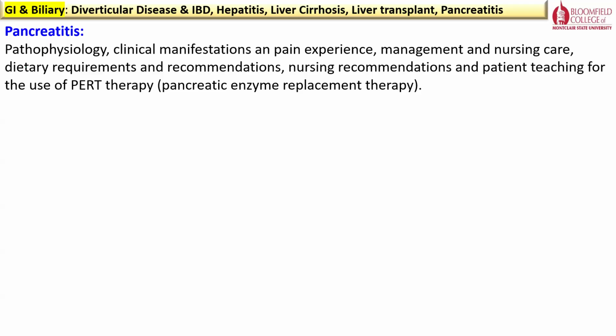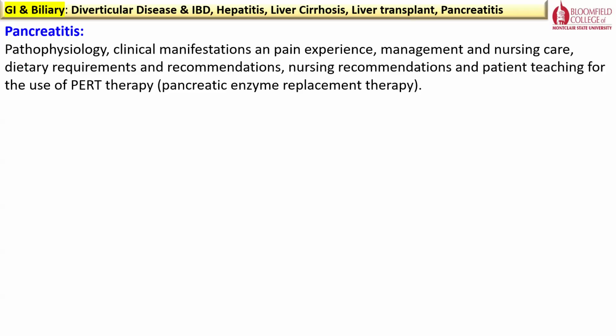So eventually, after 3 or 4 days, the patient will be on a liquid diet, and then we gradually increase the consistency, the frequency, and the amount of food until the patient will be on small, frequent meals.